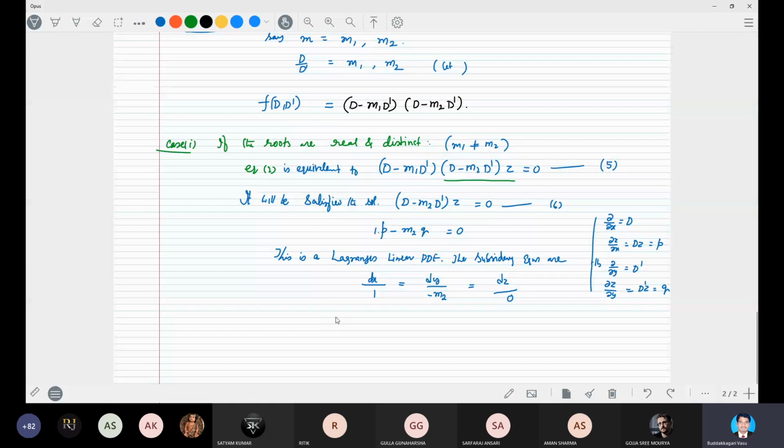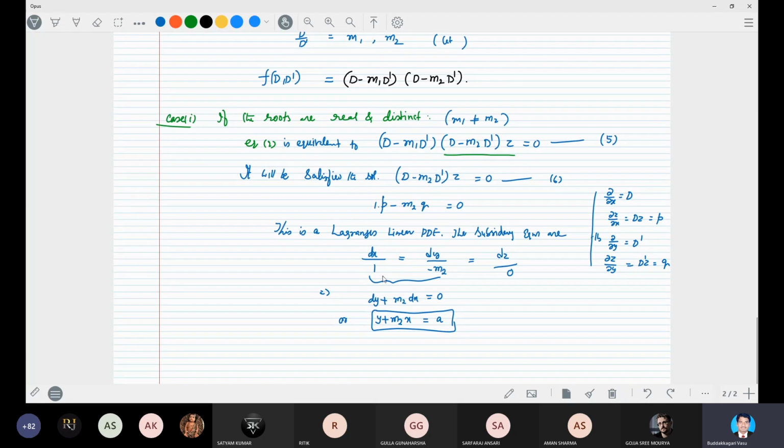That implies, from these two terms if we equate, dy + m2 dx is equal to 0, right? Or integrating on both sides, y + m2 x is equal to, say, a, right? This is the solution of this part, one part of the combination.